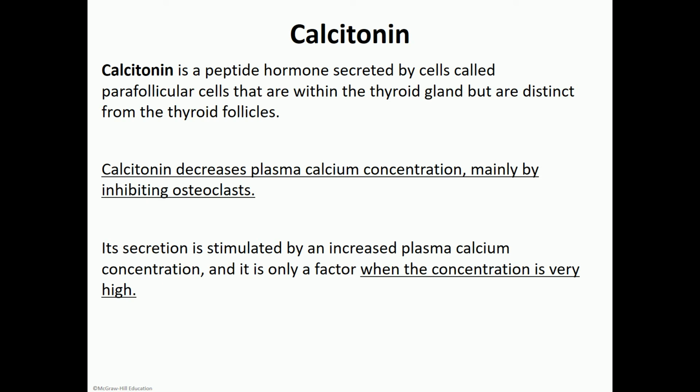Again, it'll prevent that bone resorption. In some texts, it says that it will activate the osteoblasts in order to take that calcium from the bloodstream and deposit it onto the bone. And that, again, eventually will lead to the decrease in plasma calcium levels.